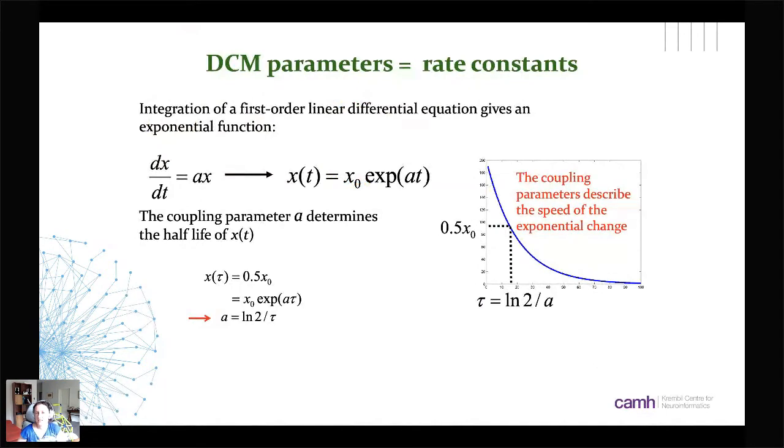Now, what are DCM parameters? So let's recall our calculus. The integration of a first order linear equation gives you an exponential function. So the coupling parameter A, for example, determines the half-life of X of t. These coupling parameters are rate constants, and essentially what they do is they tell us something about how quickly an effect is conveyed from one area to another.